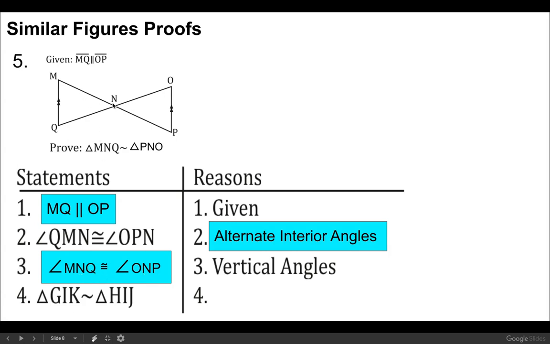So MNQ talks about this angle here, and ONP is this angle here. And those are vertical angles which are congruent with one another. So now that we have two pairs of corresponding angles that are congruent, we have proved it by angle, angle.